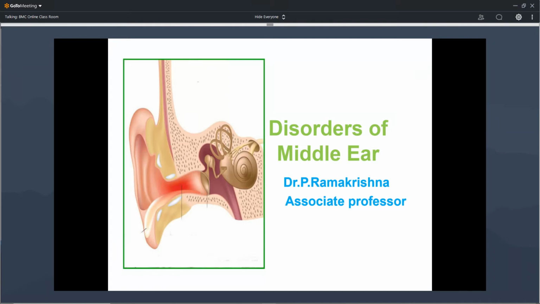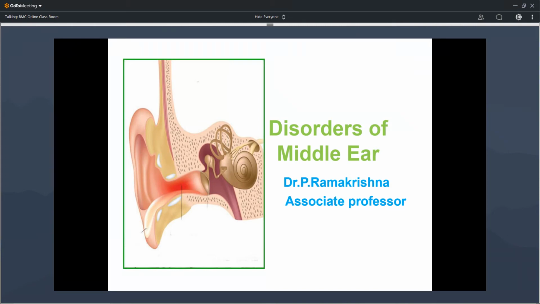What are the parts of the middle ear cleft? You should tell from anterior to posterior. That is the eustachian tube, middle ear cavity proper, aditus, mastoid antrum, and the mastoid air cells. So these are the 5 parts of the middle ear cleft. Today we'll discuss the diseases of the middle ear.